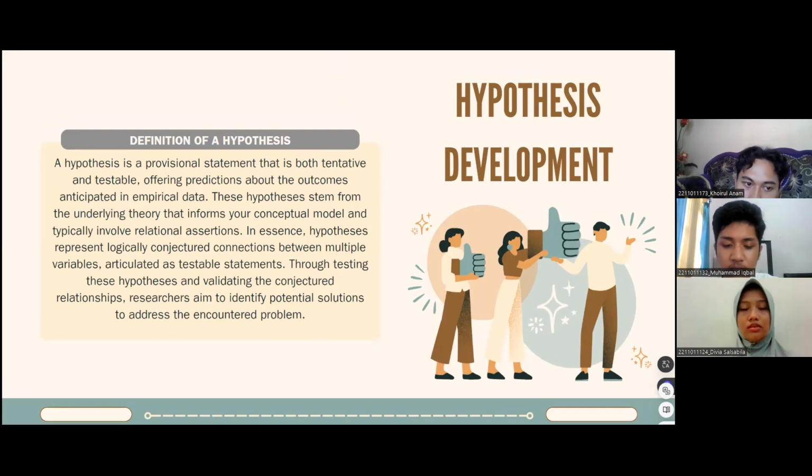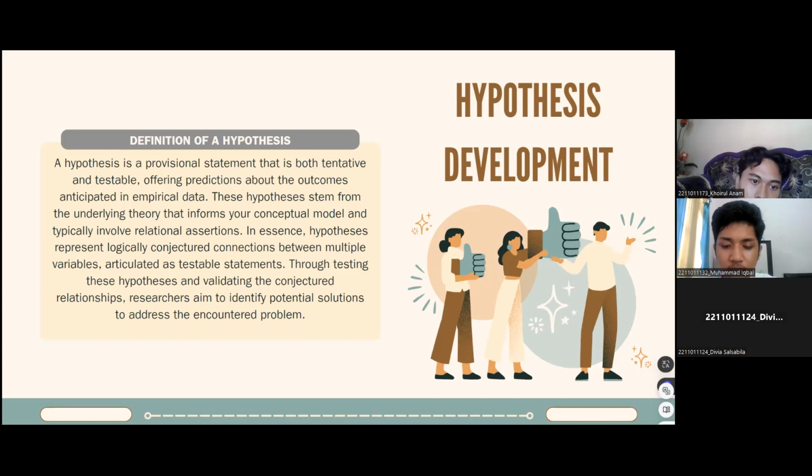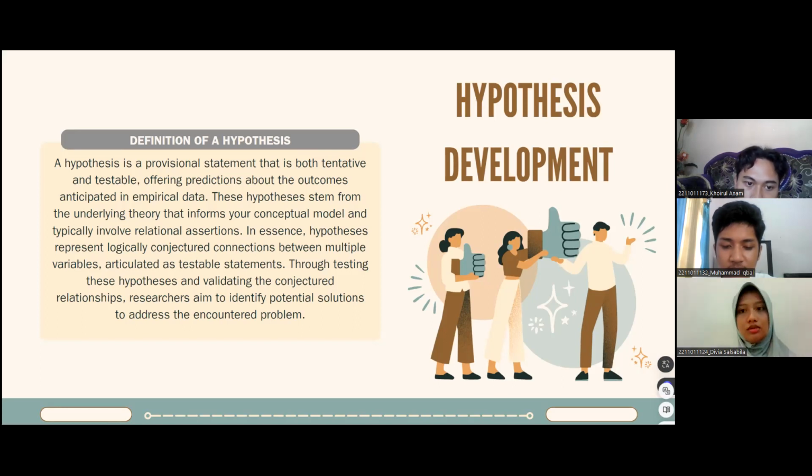In essence, hypotheses represent logically conjectured connections between multiple variables, articulated as testable statements. Through testing these hypotheses and validating the conjectured relationship, researchers aim to identify potential solutions to address the encountered problem.